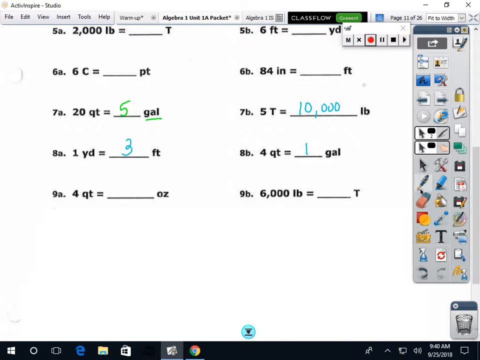All right, 9A. Now we're converting 4 quarts into how many ounces? So, James, why don't you get us started? What do I do after I write 4 quarts?